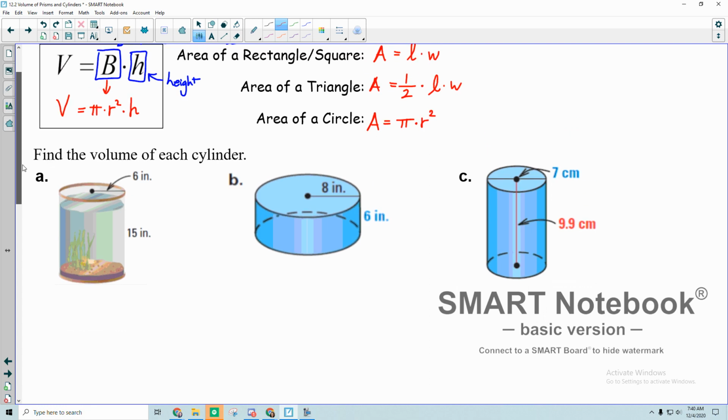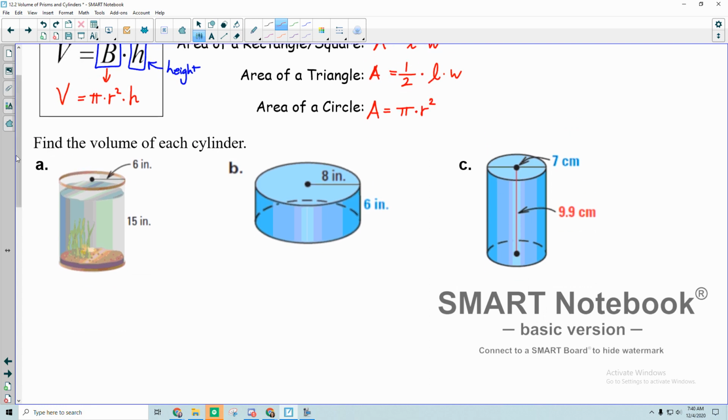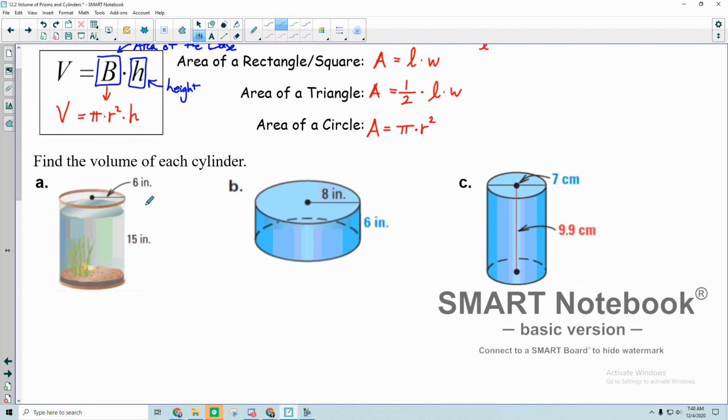So here's what we will do. Pretty straightforward. We just have to plug in the values that we see in for our radius and our height, multiply those, and then we end up getting the volume. So the volume for this fish tank is going to be equal to, and I'm going to change pi to 3.14.